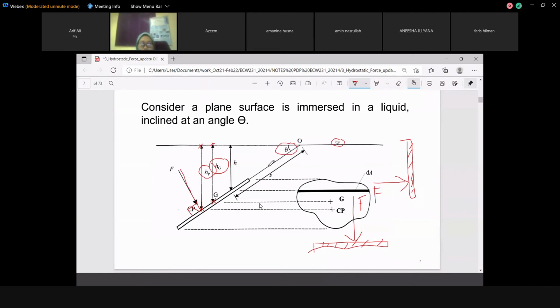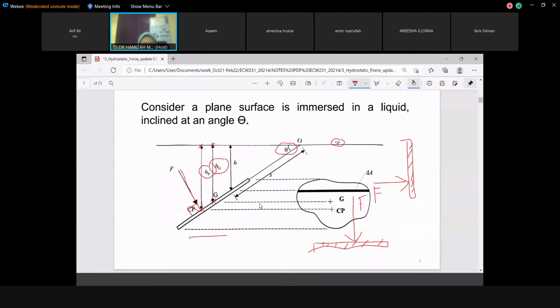Okay, and then we also have the H. H ialah length from the water surface to the object. So basically untuk calculate something that bawah lagi daripada free water surface, kita akan kena tambah dengan nilai H. Okay, so this one is different from this one.